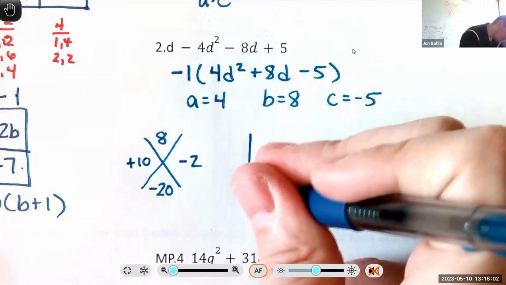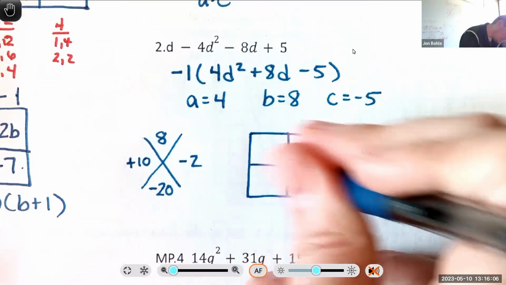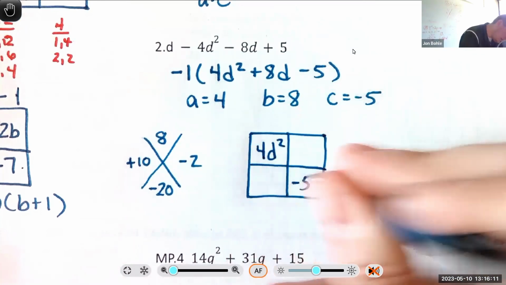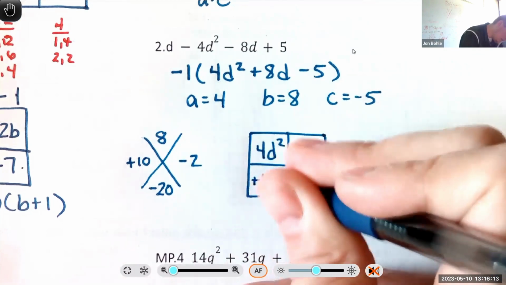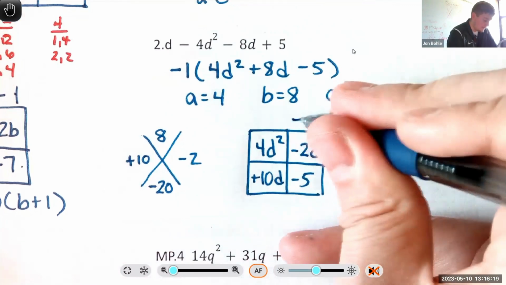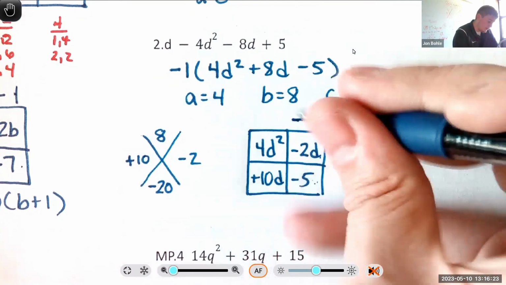Then you set up your box. 4d squared, -5, and this will be 10d, and this will be -2d. And then where's my negative going to come out? Right here. So the greatest common factor here, 5 and 2, would be 1.